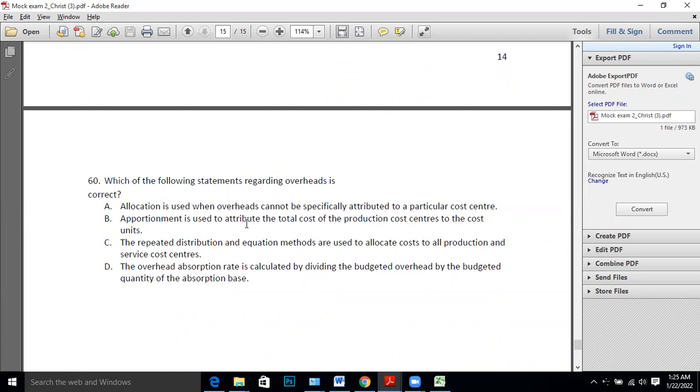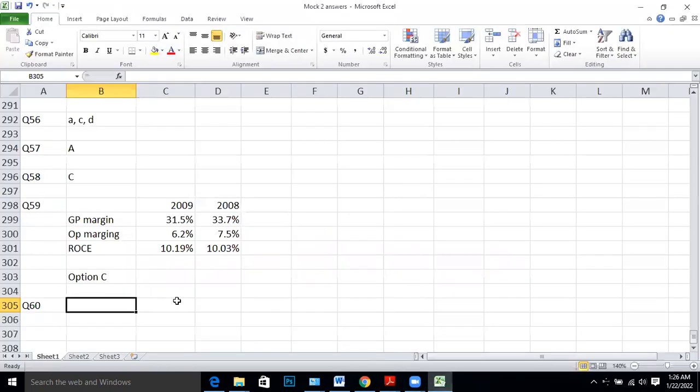No, that is when there is reciprocal servicing, where two service cost centers provide service to each other. The overhead absorption rate is calculated by dividing the budgeted overhead by the budgeted quantity of the absorption base. That is the right statement. 60, option D.